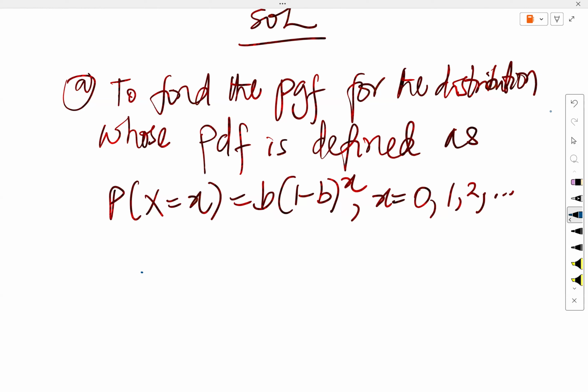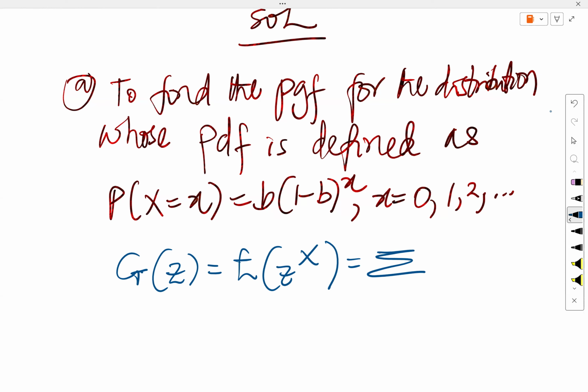First of all, you need to understand the definition of the probability generating function, which is generally given as G of Z, which is equal to the expectation of Z raised to power X. And that is the same thing as the summation from x equals 0 to infinity of Z to the power small x, multiplied by the probability that big X is equal to small x, or the PDF in short.